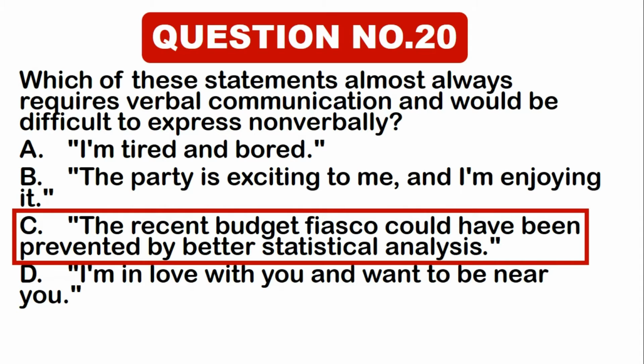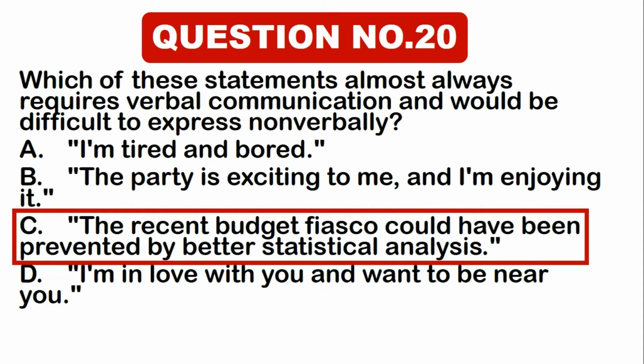Option B, the party is exciting to me and I'm enjoying it. People can sense that you are excited, that you're enjoying, through your body movements, right? Even if you don't say a word.